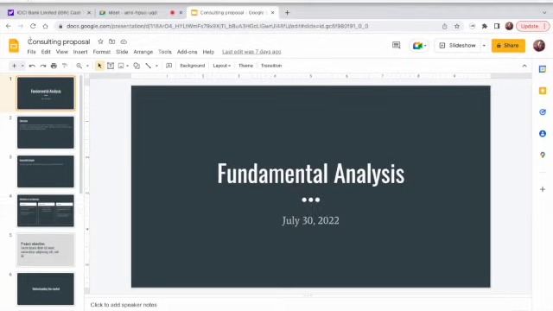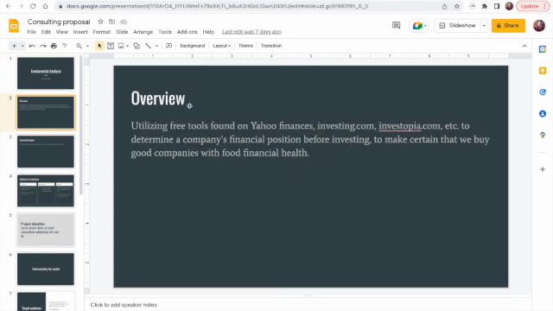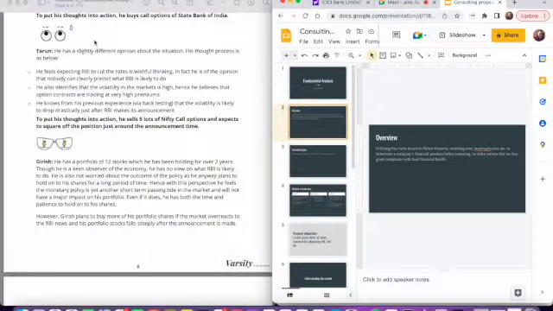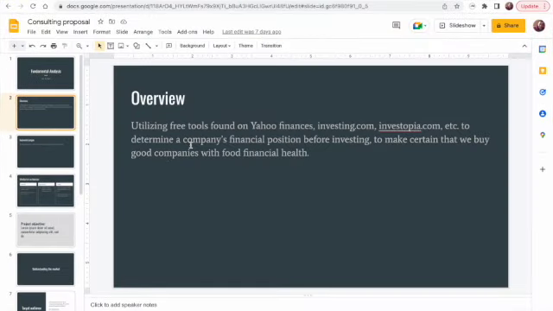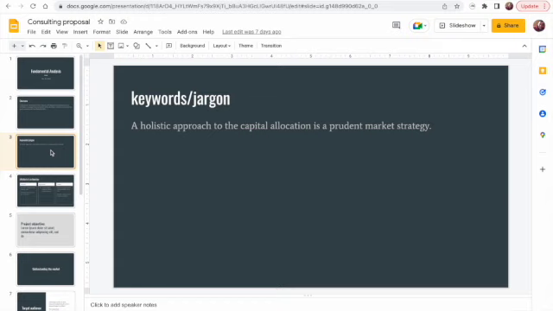And so we said in previous videos, the overview of this book that we're reading, which is Fundamental Analysis, is to pretty much become an investor. Become an investor, learn how to use both fundamental analysis and technical analysis.